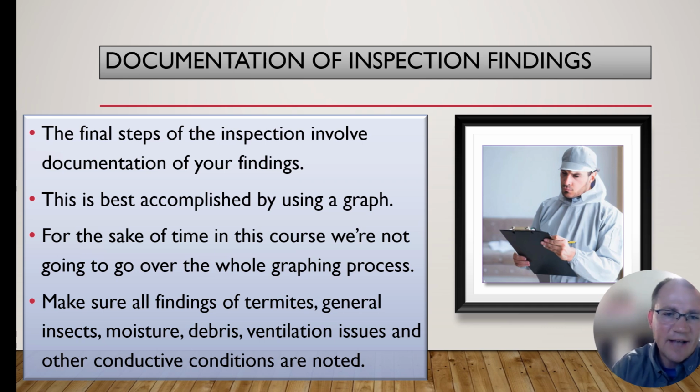For the sake of time in this course, we're not going to go over the whole graphing process, but just make sure you're putting all your findings, again, of termites, general insects, moisture, debris, ventilation issues, and other conducive conditions that are noted. These are the things you're going to need later because you can't really build a good treatment plan without having good documentation of what you found. Then it's much easier to make solutions to solve the problems you have.